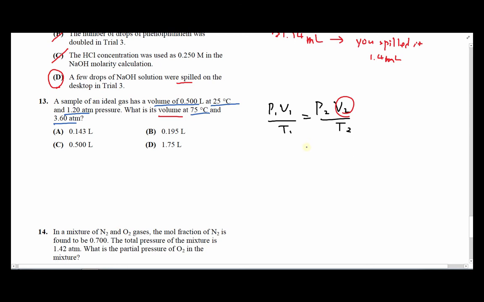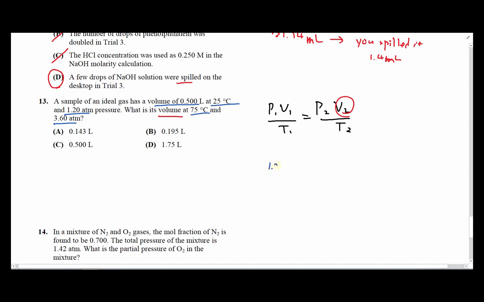Here's something you have to be careful about. The caveat is you have to change the Celsius to Kelvin. It's always that way because in the gas equations we measure temperature in absolute terms. So let me plug the values now.